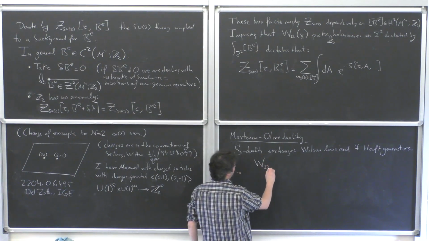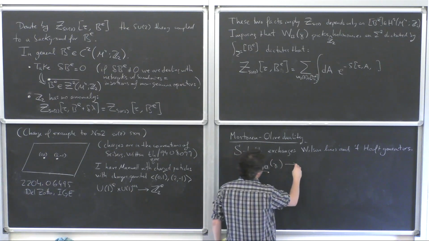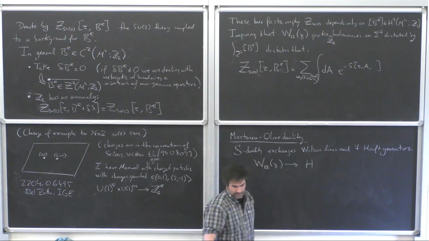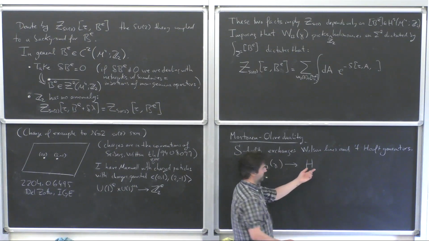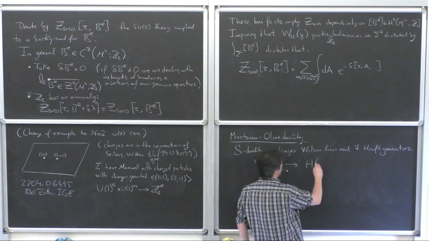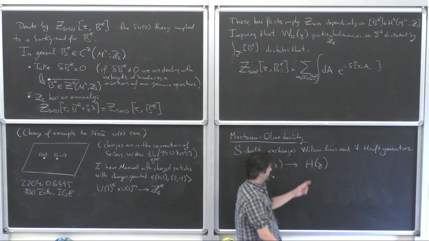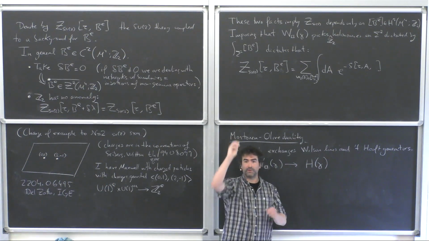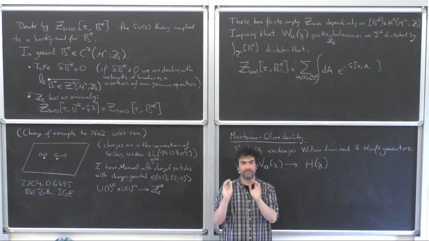If you start with a Wilson line in the fundamental, as I have been looking at, you end up with a 't Hooft line, and I'm going to call this H, the fundamental 't Hooft line, defined in the following way. Remember how we defined the original 't Hooft line? You pick a line in spacetime, and you impose that the integral of F around the line is 1. That's the fundamental 't Hooft line.